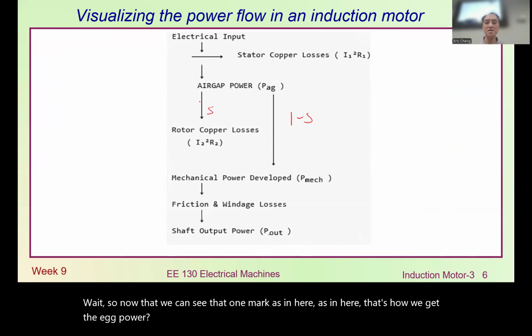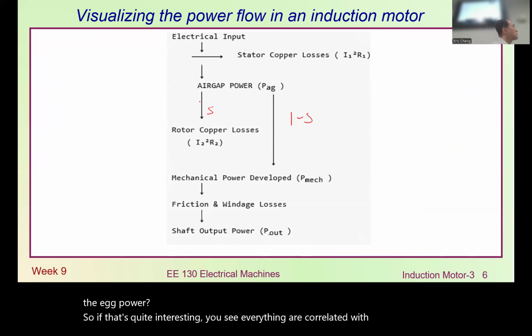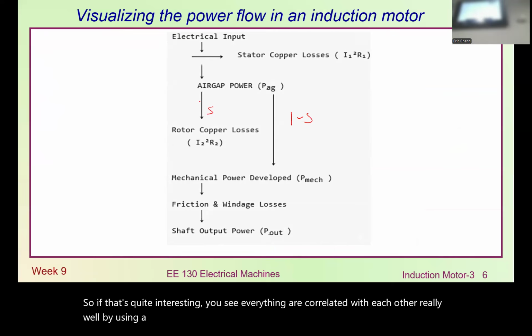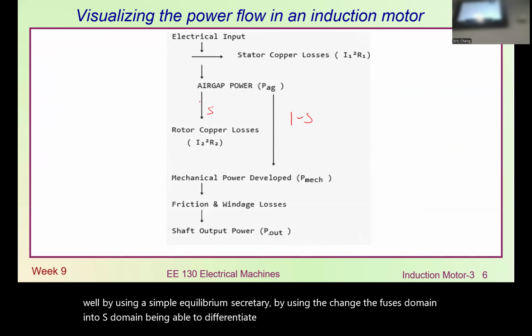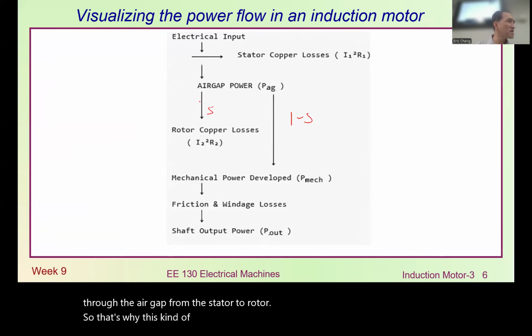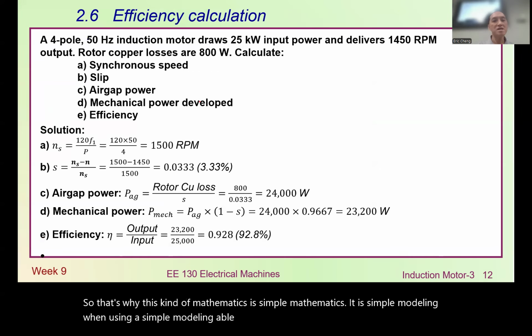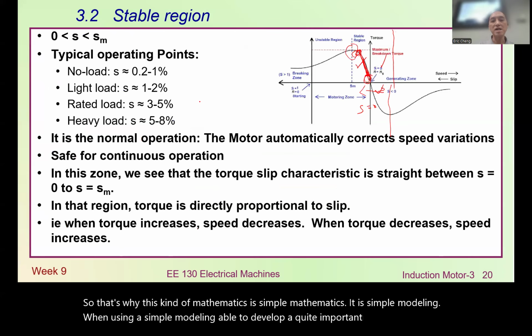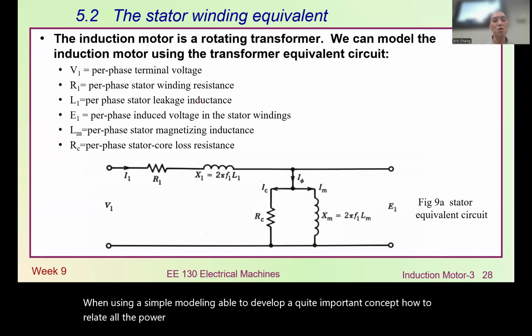That's quite interesting. It seems everything is correlated to each other really well. By using a simple equivalent circuitry, by changing the frequency domain into the S domain, you're able to differentiate copper loss and mechanical power, and how they relate to the air gap power, the power transferred through the air gap from the stator to the rotor. This is simple mathematics, really simple modeling, and yet we're able to develop a quite important concept, relating all the power together with a simple correlation.